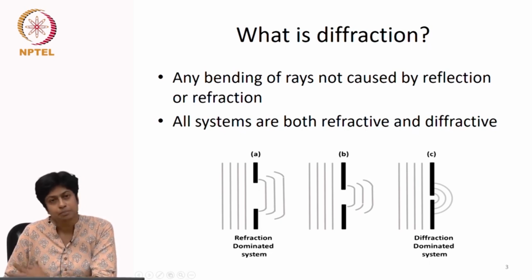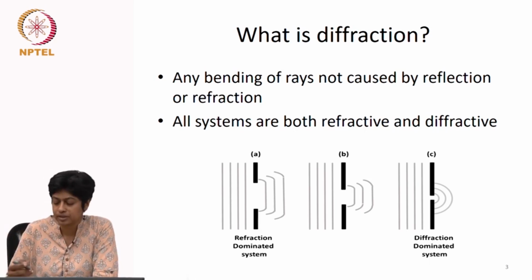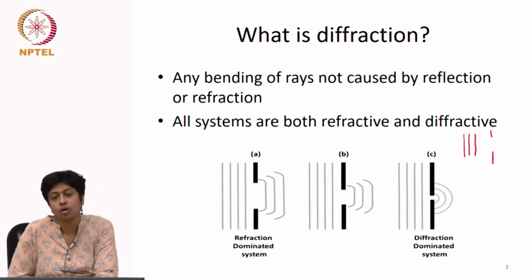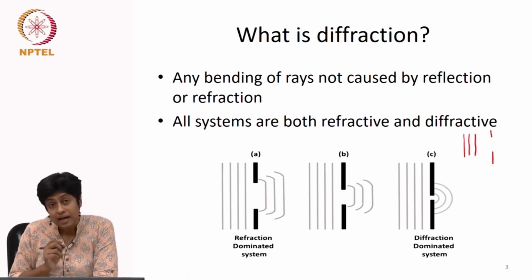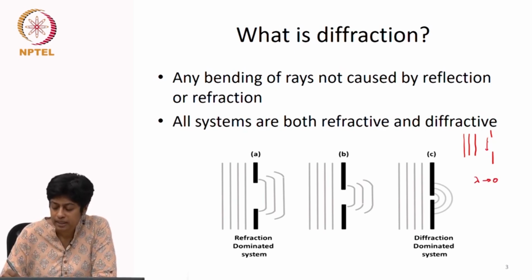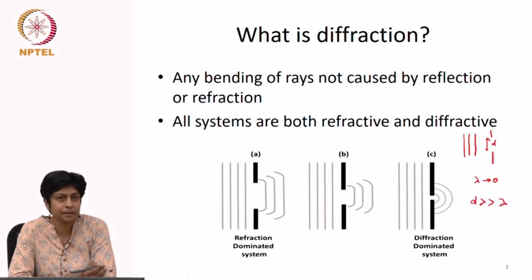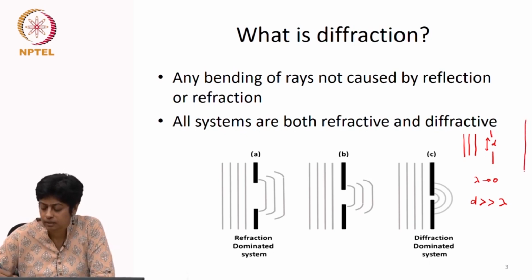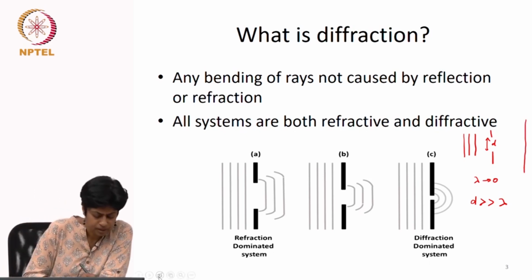Now, what do we expect from our very simple geometric optics picture is if you have a plane wave of light incident on an aperture, in geometric optics, we assume lambda tends to 0, or in other words, the size of this aperture D is very, very much larger than lambda. In that case, what would we expect if we looked on a screen some distance away?